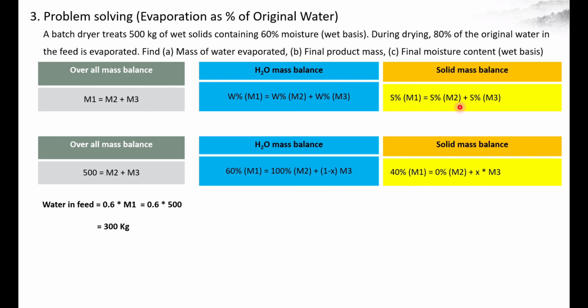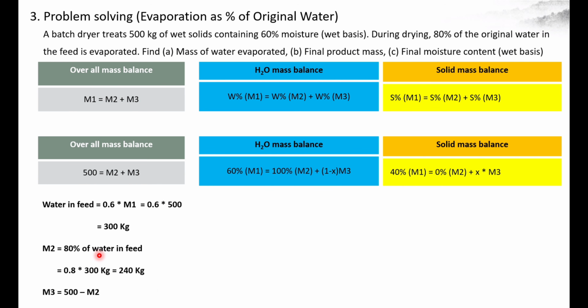Now let's read the question again. During drying, 80% of original water in the feed is evaporated. So the water in the feed is 300 kg. Now in this 300 kg, 80% of water is evaporated. So M2 would be 80% of water in the feed. 80% is 0.8 into water in the feed, 300 kg, which is equal to 240 kg.